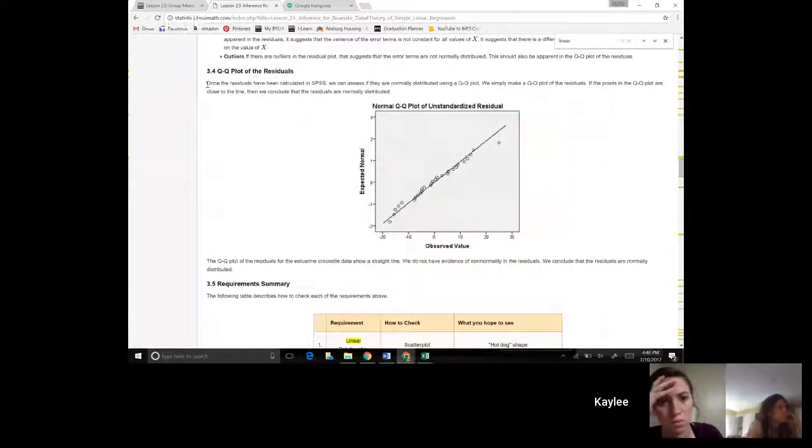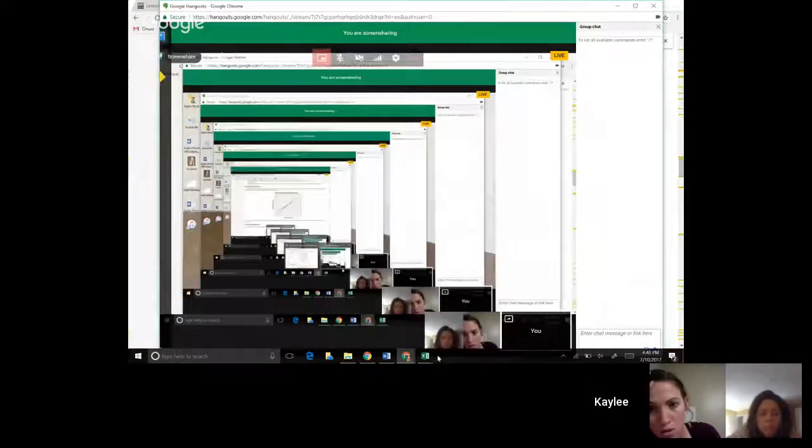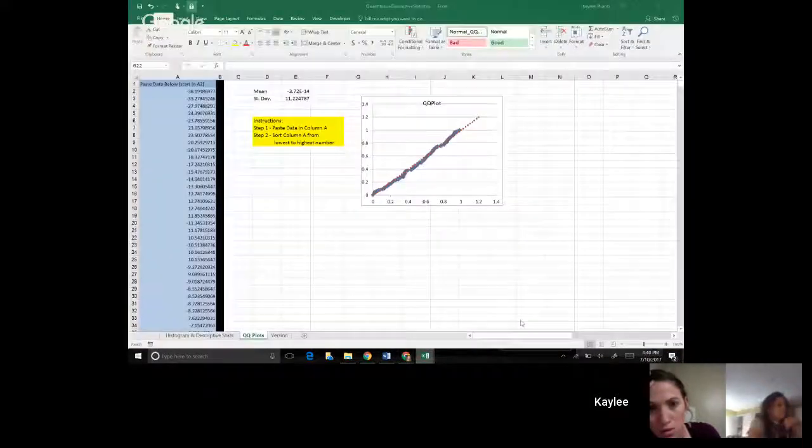And up here it says that the residuals are normally distributed if you have a normal QQ plot. That's what this is here in the textbook. If you look at the QQ plot, it's normal.